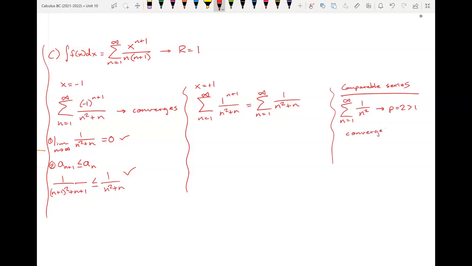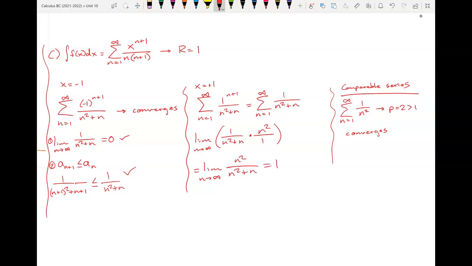So I'm going to look at the limit as n goes to infinity. I'm going to take my first one, so that's 1 over n squared plus n, and multiply it by the reciprocal of that one. We're actually dividing, but there we go. And that gives me the limit as n goes to infinity of n squared over n squared plus n, which is equal to 1.